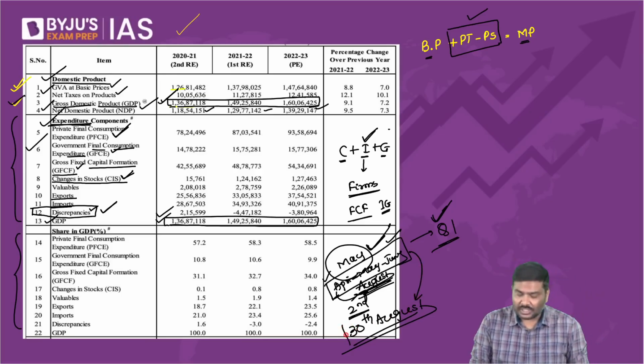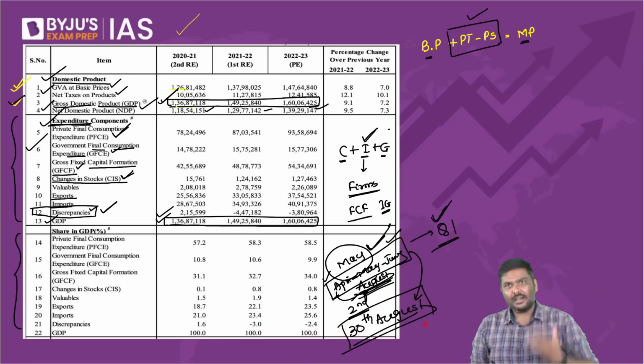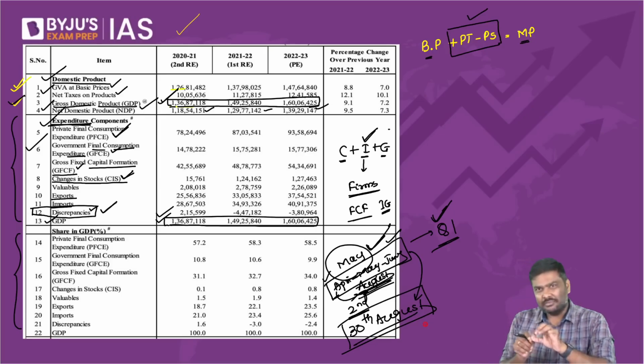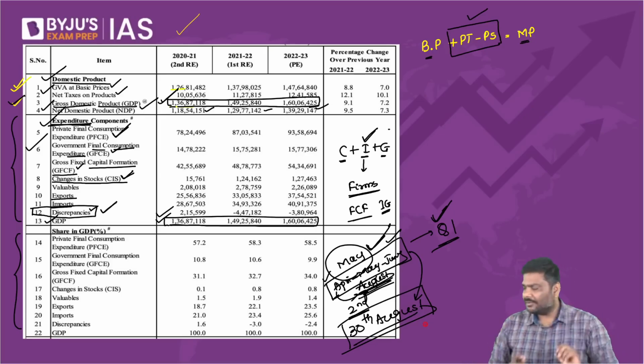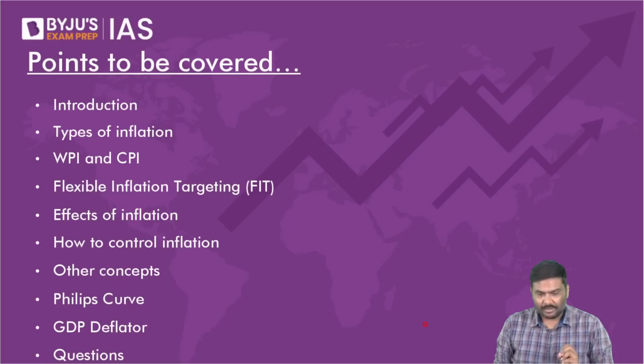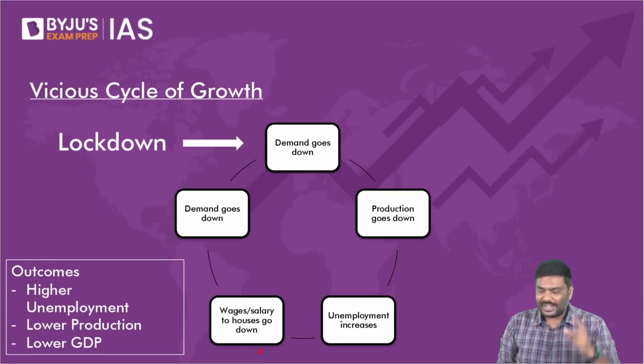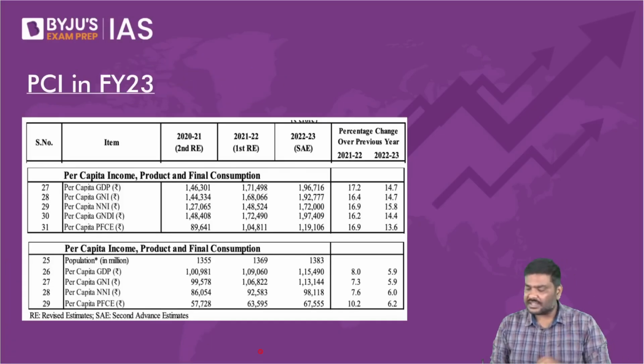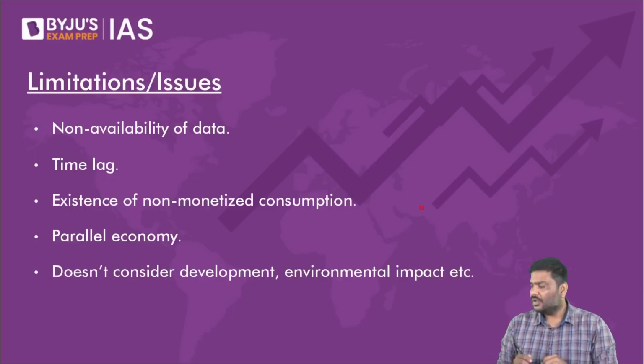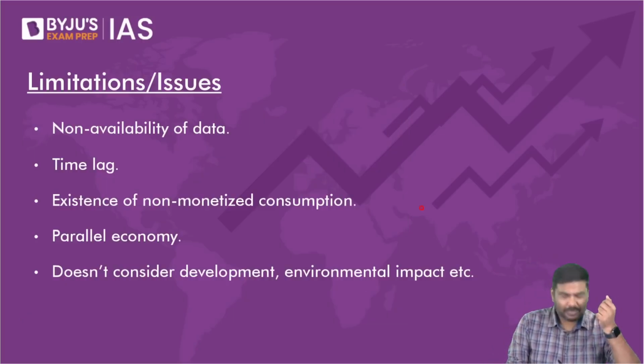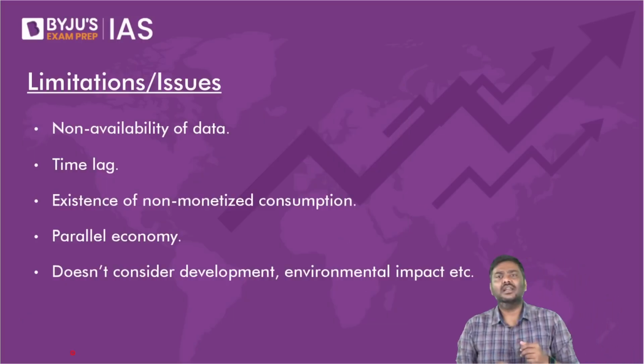Are we not taking more time to calculate and give the data? What if you now come to know the GDP number in the first quarter was lesser?